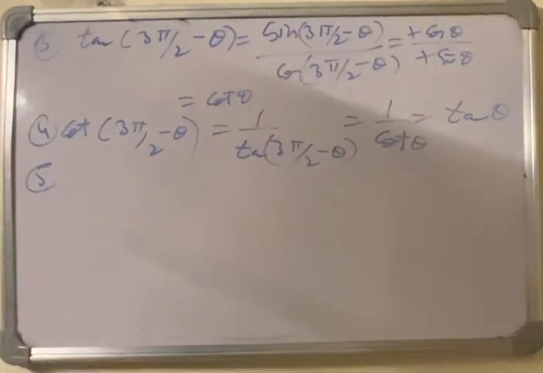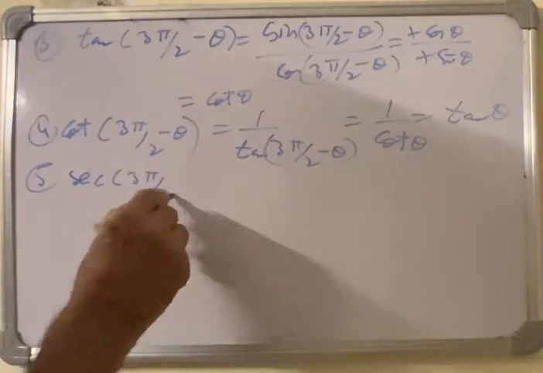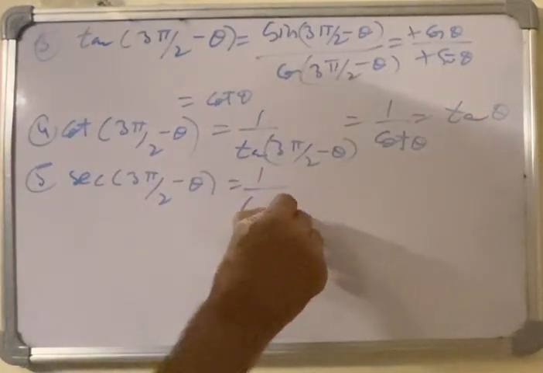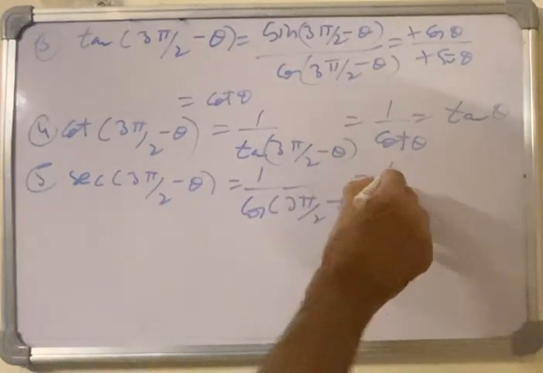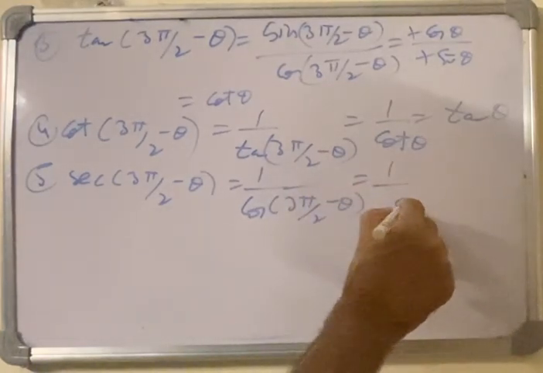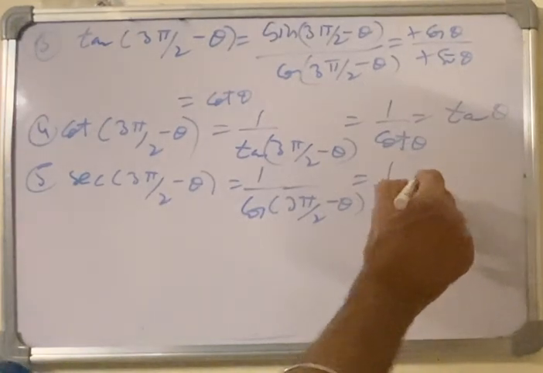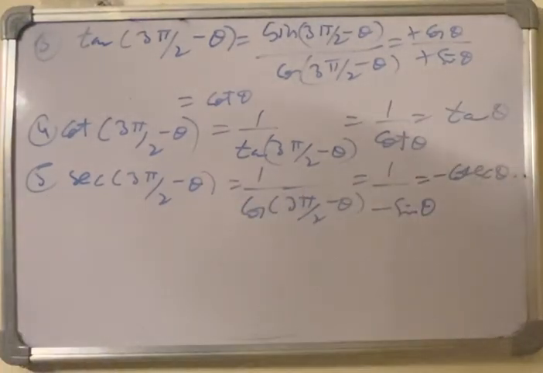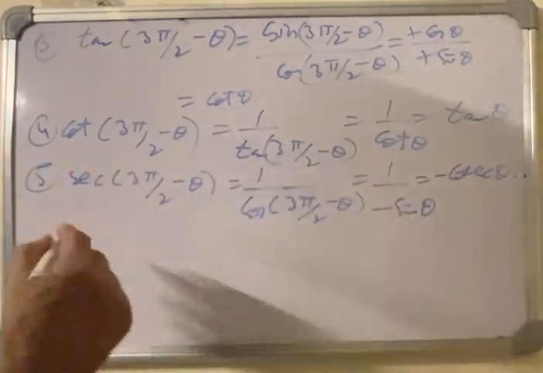Then next, secant 3 pi by 2 minus theta is 1 over cos 3 pi by 2 minus theta, which is 1 over minus sine theta, is equal to minus cosecant theta. So secant is negative in third quadrant in case of angle 3 pi by 2 minus theta, and secant changes to cosecant.